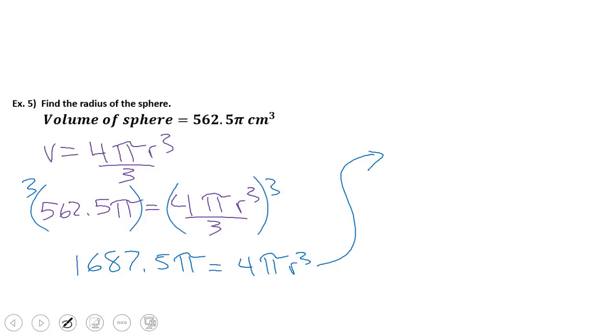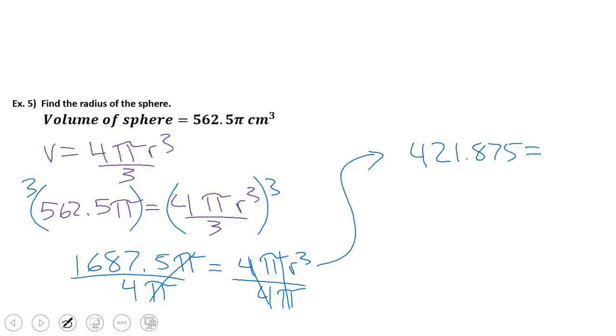And we're going to take this up here. And because we are going to divide by 4 pi, we're going to divide both sides by 4 pi. And we know that the 4 and the pi on one side cancels out the pi on the other side. And so 1,687.5 divided by 4 does give us 421.875.